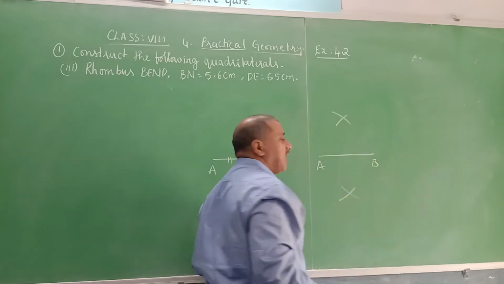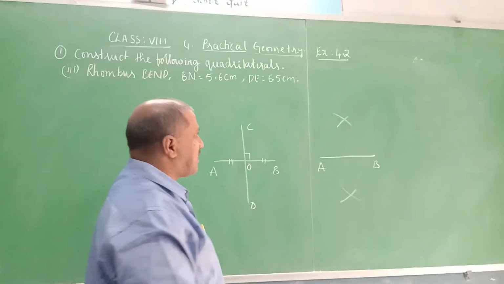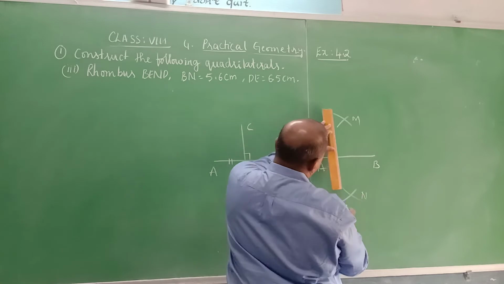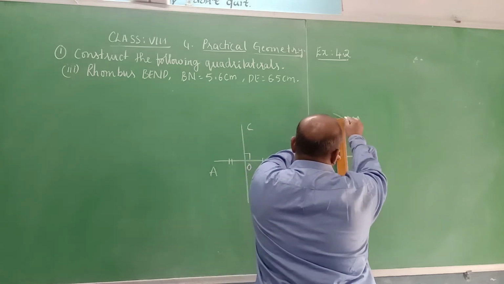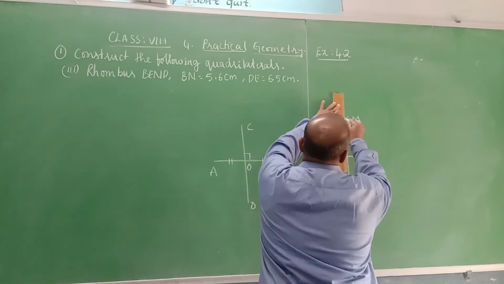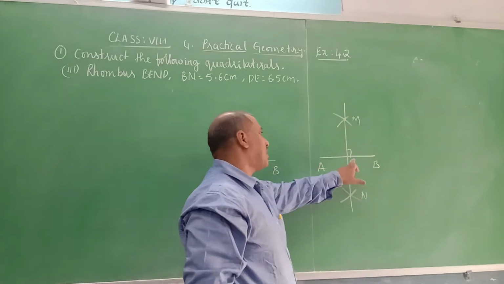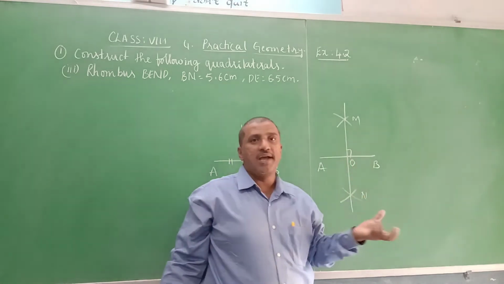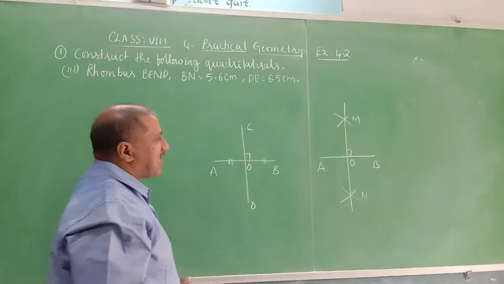Now both arcs intersect. Mark these two points as M and N. Join these two points. This line segment is called the perpendicular bisector of AB. If you measure, these angles are 90 degrees, and OA and OB are equal.